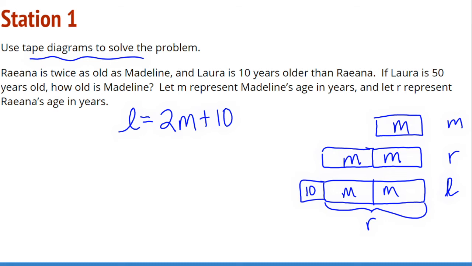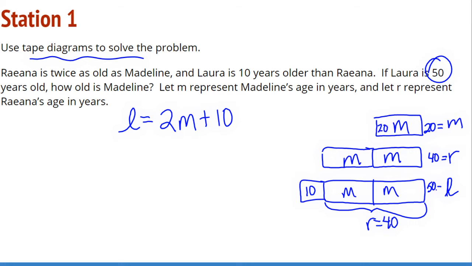It says here that Laura is 50. Okay, so if I take off the 10, that means Raina is equal to 40. So Laura equals 50 here, Raina is going to be 40, and Madeline is half of that 40 at 20.